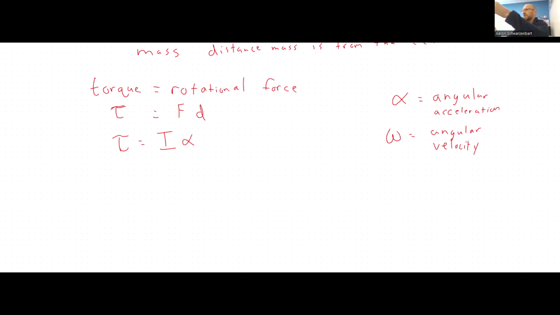Now let's start talking about objects moving in a circle. So here I've got a set of washers on a string. So, what is causing these washers to spin in a circle? I'm not touching the washers. The string.